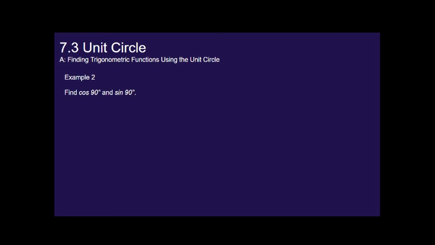So let's look at this example here. It says find cosine of 90 degrees and sine of 90 degrees. So let me go ahead and sketch this, and let's grab a different color here. So we are talking about this angle here. Okay, so here's our angle t. And so we need to find the sine and the cosine. So let's identify our x and our y. Because this is a unit circle, we know it's only 1 unit long.